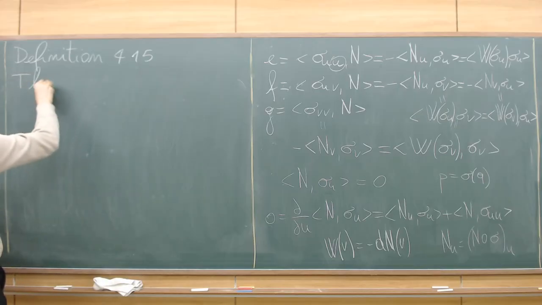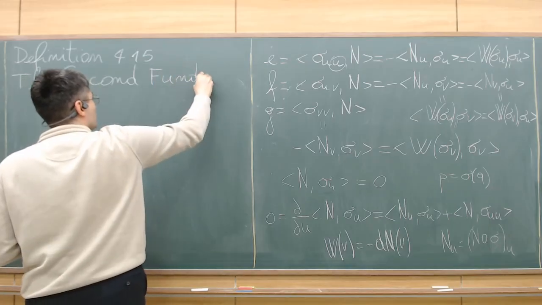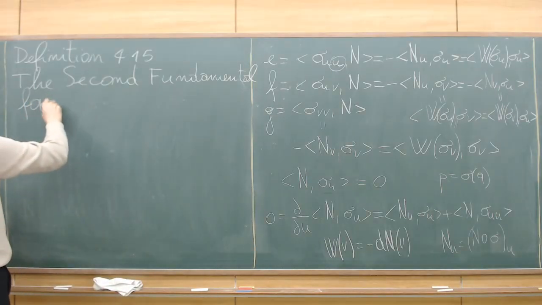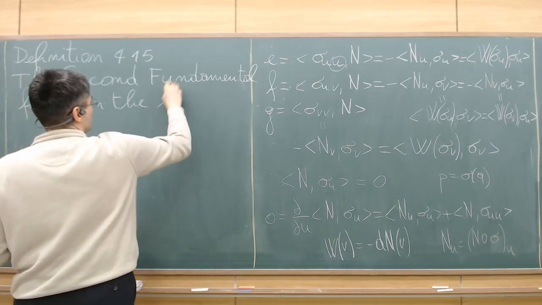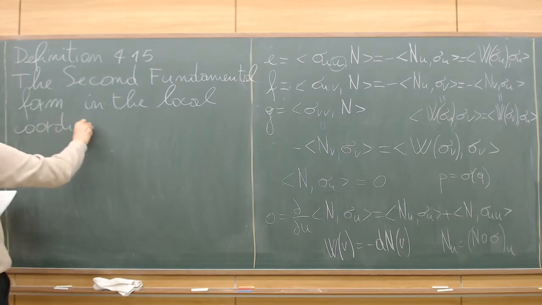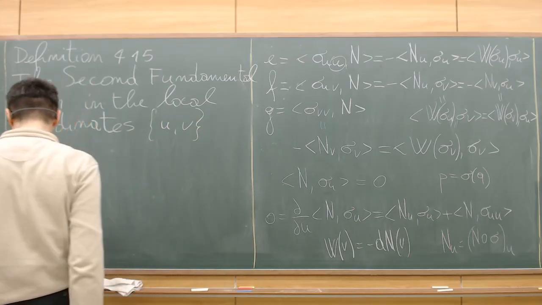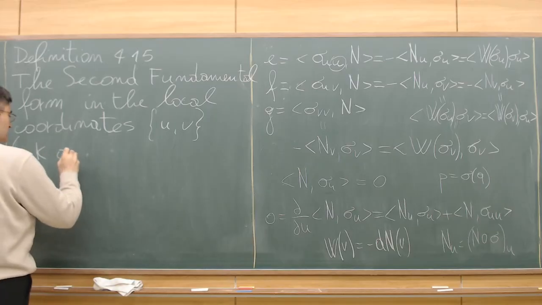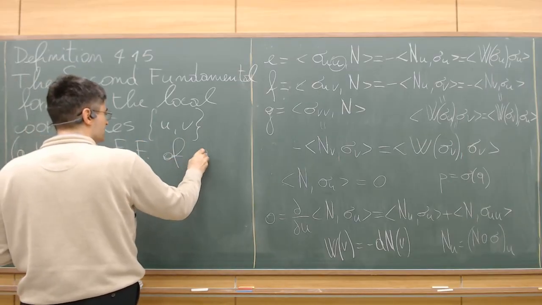So the second fundamental form in the local coordinates u, v, also known as the second fundamental form of sigma.